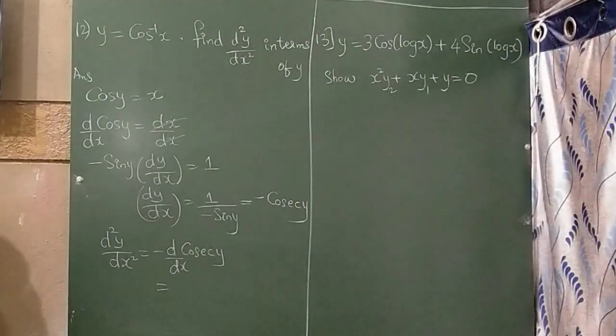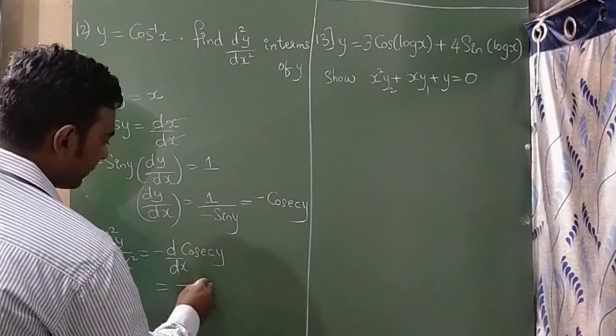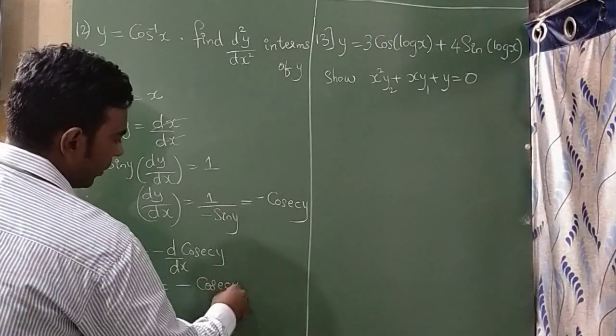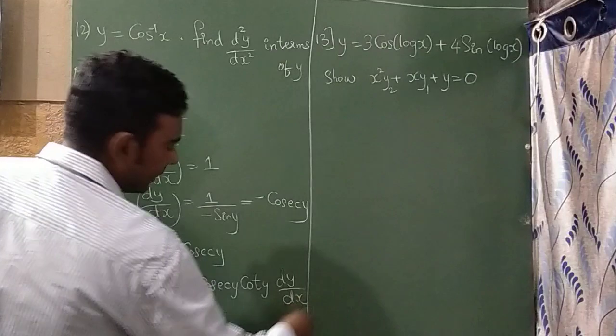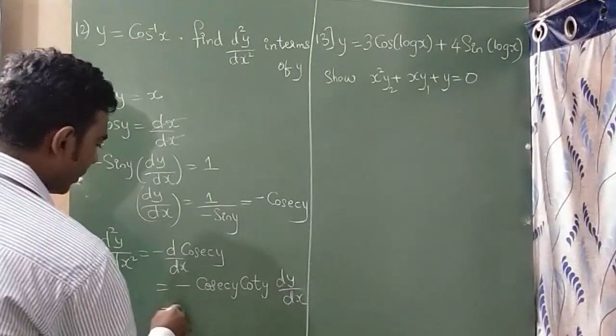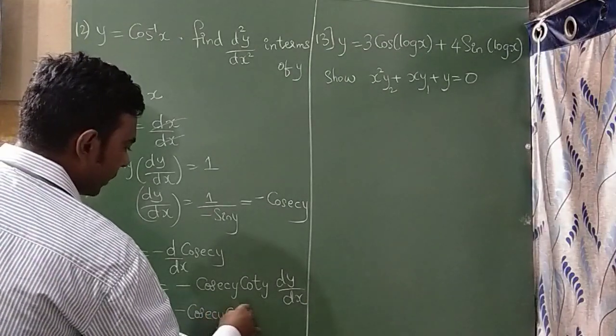And the formula for cosec y is cosec into cot. Cosec into cot y dy by dx. Okay, so minus cosec y cot y.